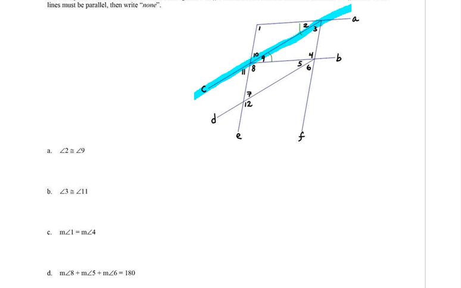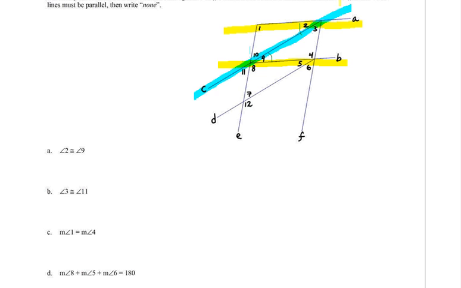Now what is being transversed here? We've got line A and line B. What kind of angles could you refer to angle 2 and angle 9 as? Well, they're inside A and B, so I call those interior, and they're on opposite sides of line C, so I would call that alternate.